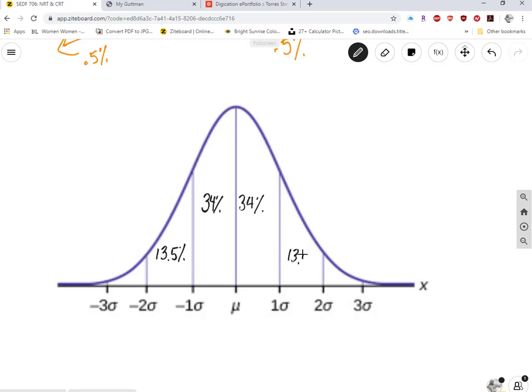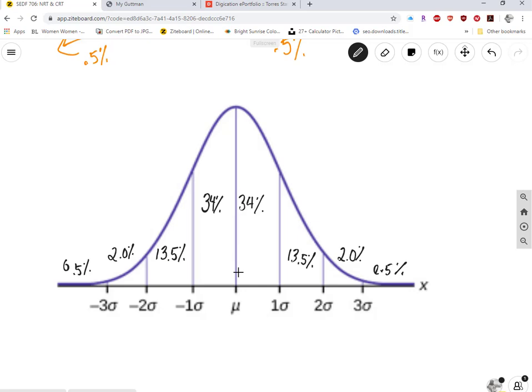This would be 13.5% of the curve. This would be 2% of the curve. This would be 2% of the curve. And you would have 0.5% greater than 3 standard deviations above the mean, and 0.5% less than 3 standard deviations below the mean.